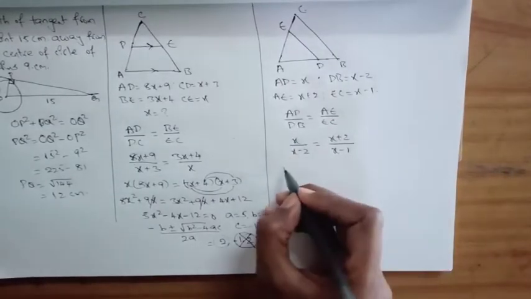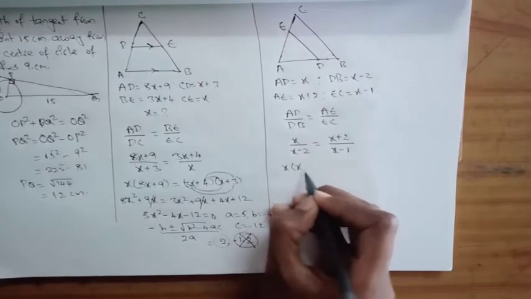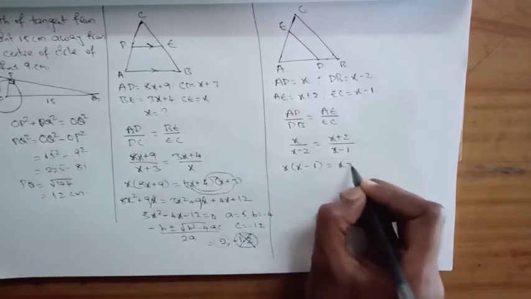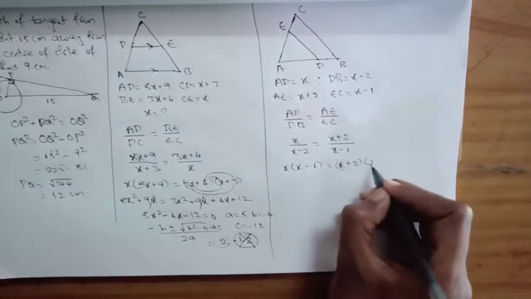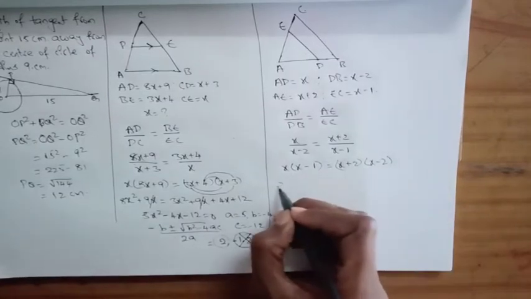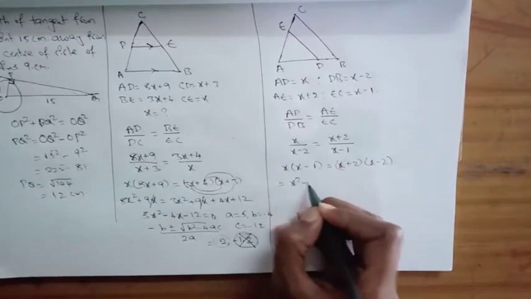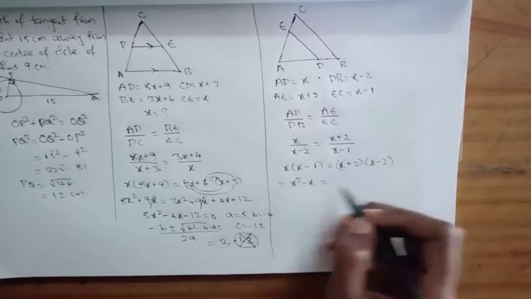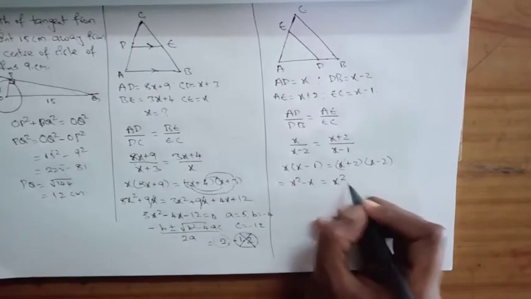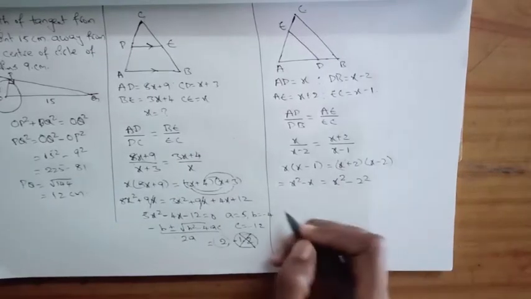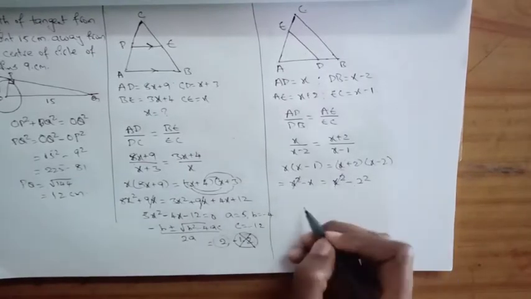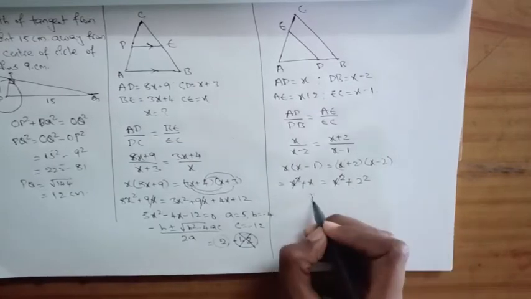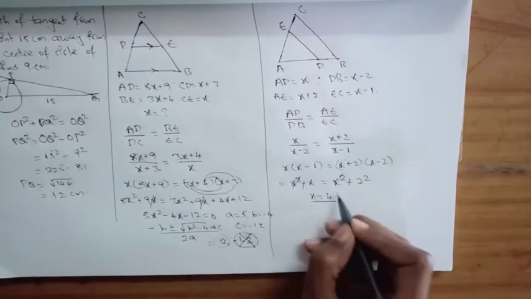So if we cross multiply, x into x minus 1 equals x plus 2 into x minus 2. So if we simplify, x square minus x equals, this is in the form of a plus b into a minus b, so the value becomes x square minus 2 square. So x square will get cancelled, minus and minus will get cancelled, and x becomes 4.